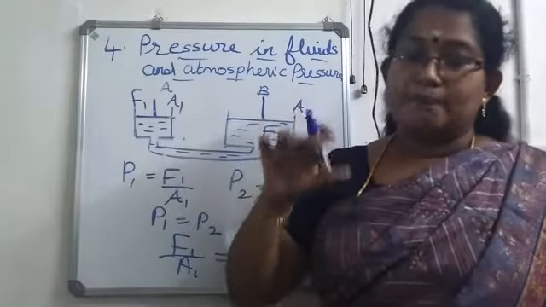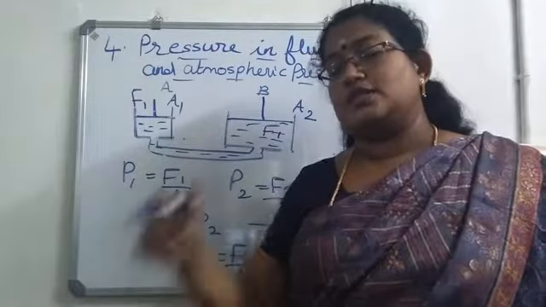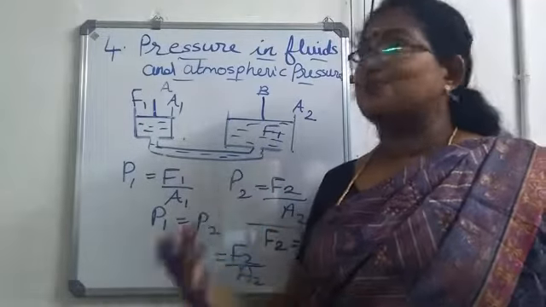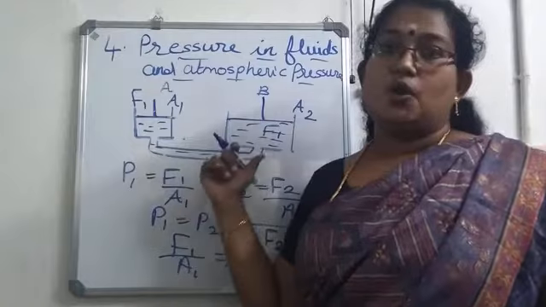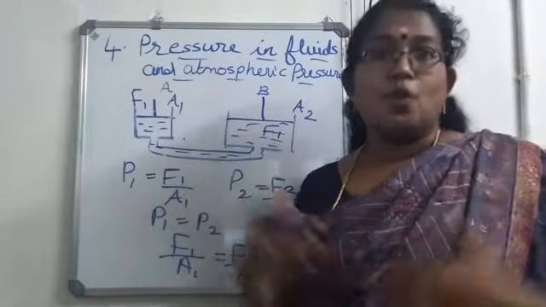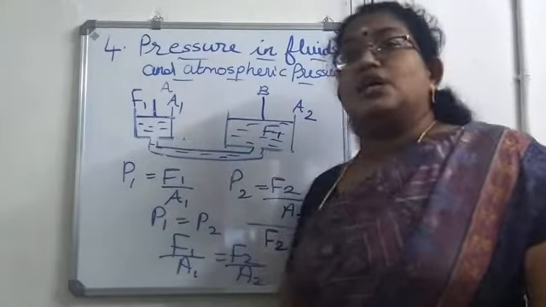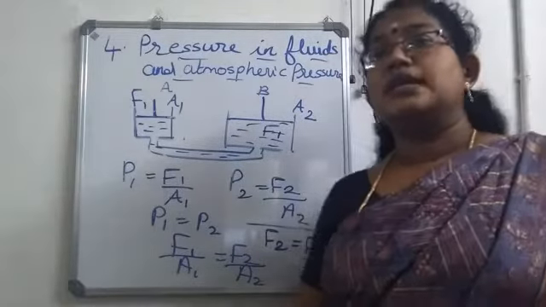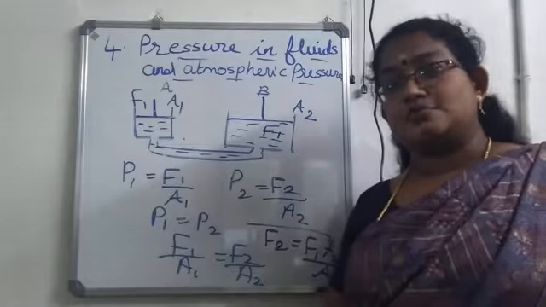Okay. So, by applying a smaller force on the small piston or the cylinder, you can produce a large force on the other one, the cylinder with more area. So this is the working principle of all the hydraulic machines. So 3 examples are explained in your textbook.